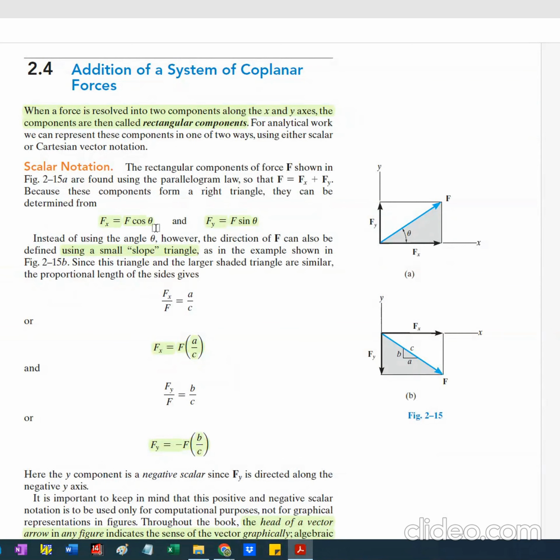It will be the magnitude of the angle theta that takes care of that negative of the projection. Okay, and likewise for Fy. So if, say, the vector is in the third or fourth quadrant with a negative y projection, you don't need to put a minus there. If the angle is measured from the x-axis, the magnitude of it will take care of making sine negative. Okay.